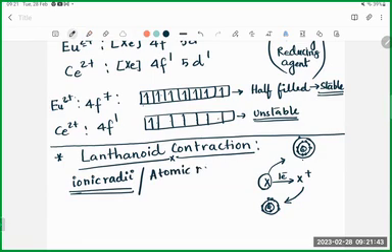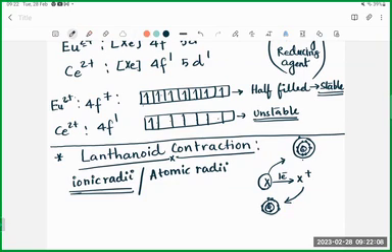Okay, both will have a steady decrease. Are you understanding? They have a steady decrease. Correct? So this decrease in the atomic radii of lanthanoids with increase in atomic number, that is why we say the lanthanoid contraction happens. Okay, which has a unique nature.